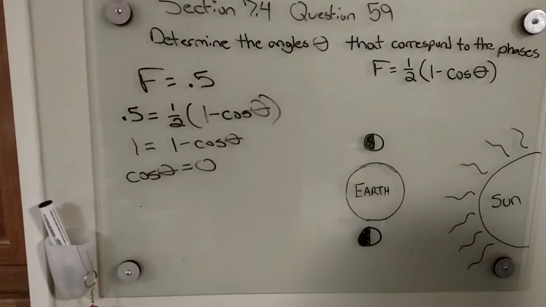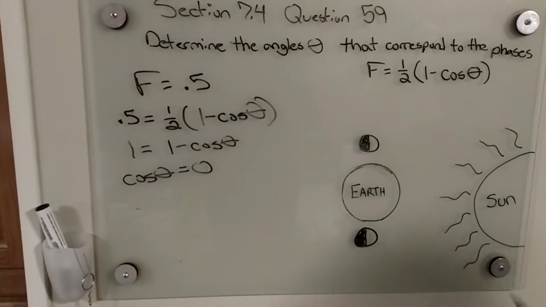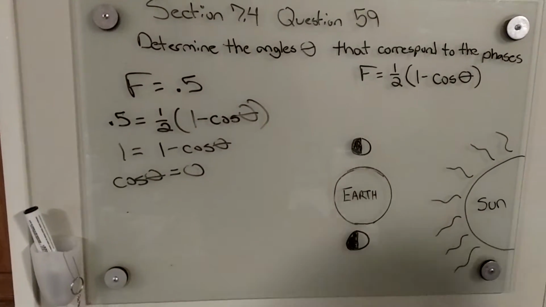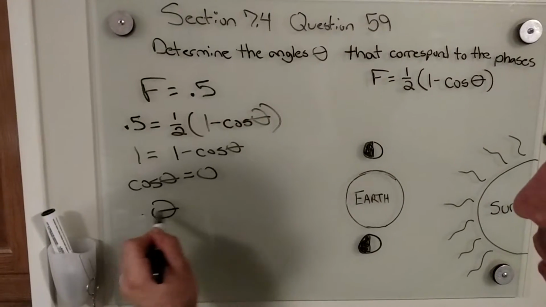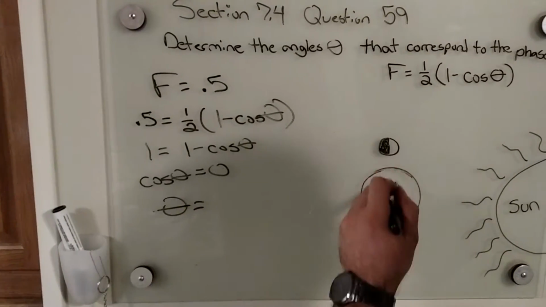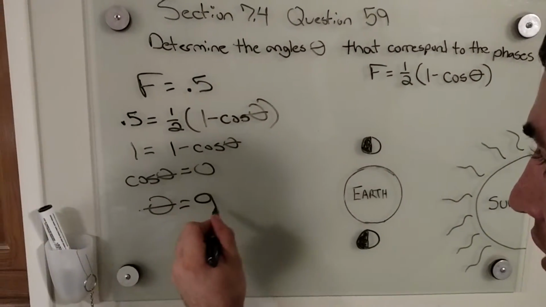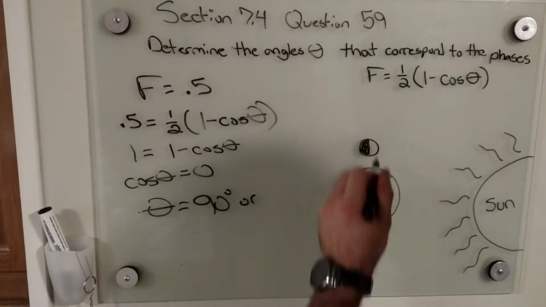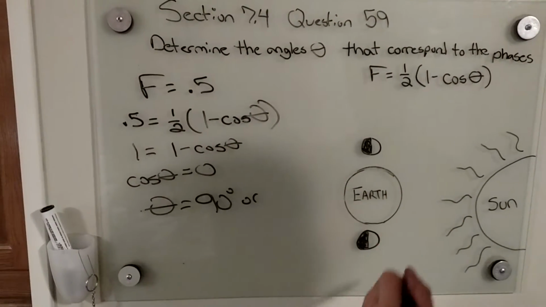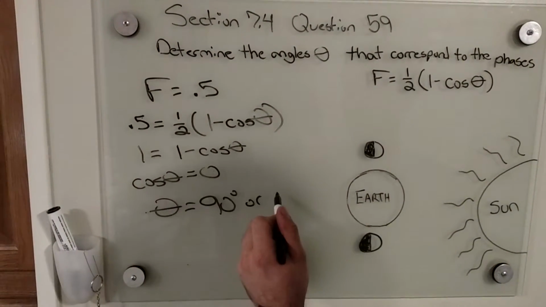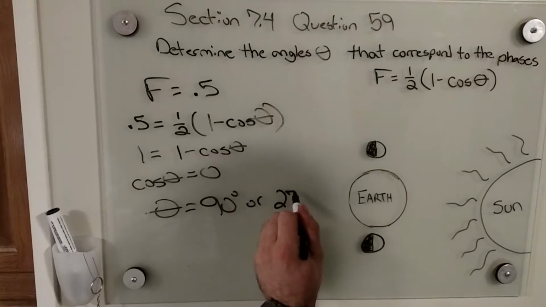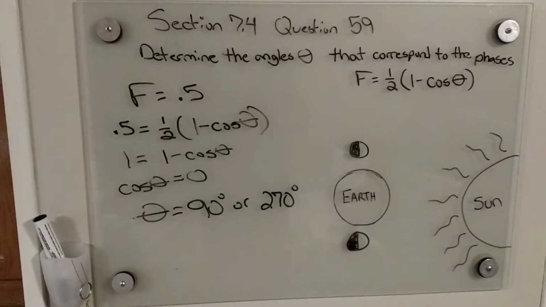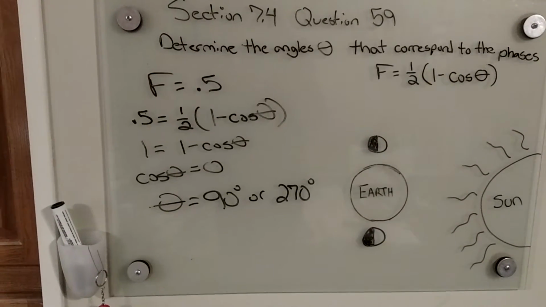And where cosine theta equals 0 is when the x value is equal to 0, which, again going by the unit circle, is when theta would be 90 degrees or 270 degrees. Again, you can subtract that from 360. So that's the angle measurement of the quarter moon.